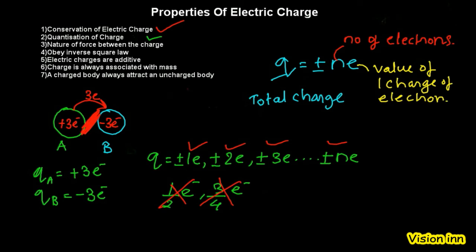So what is the value of one charge of electron? 1.6 into 10 raised to minus 19 coulomb.